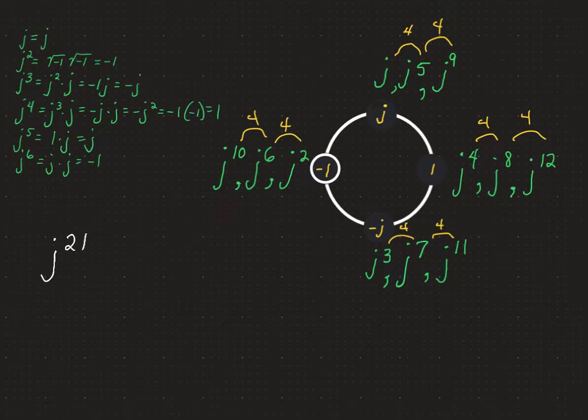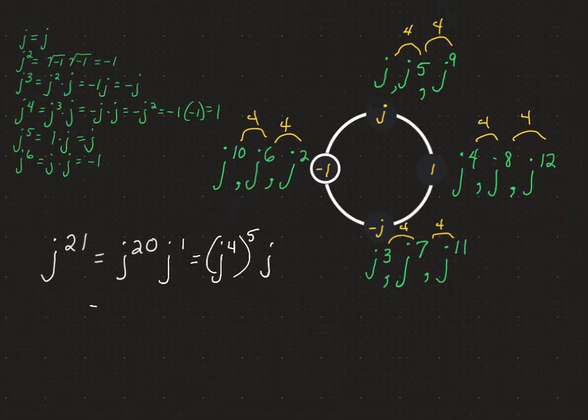Let's see. What is the largest multiple of 4 that can be subtracted from 21? That would be 20. And if we rewrite j to the 21st as j to the 20th times j to the first, because laws of exponents tell us we can then rewrite j to the 20th as j to the fourth raised to the 5th power times j.